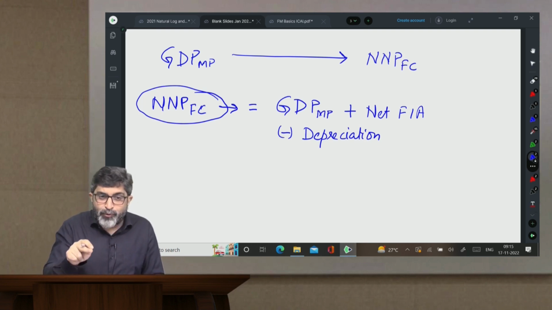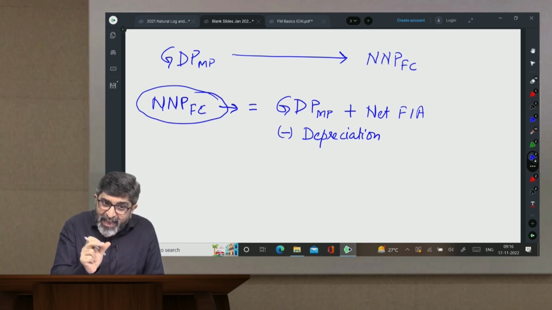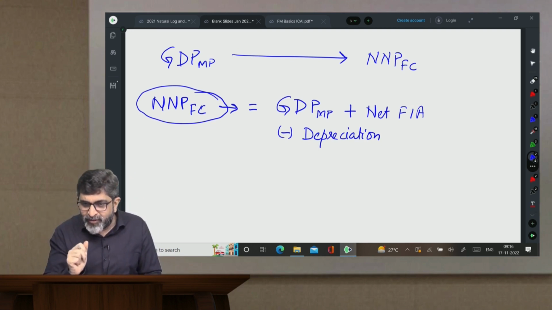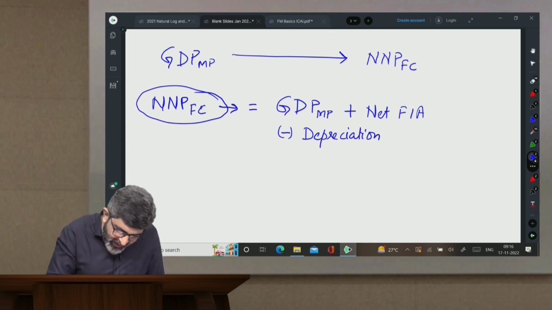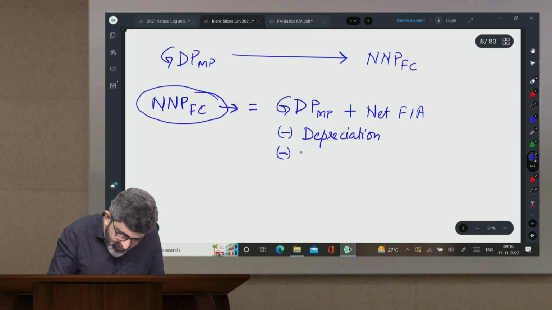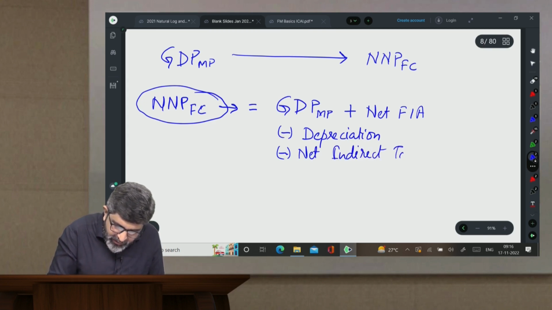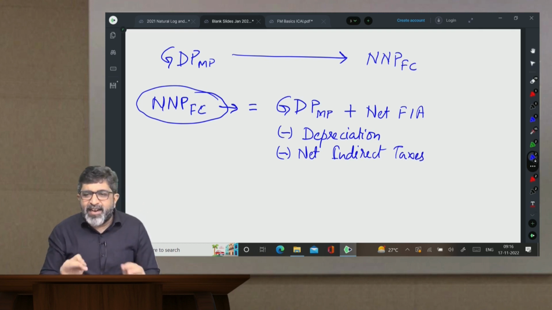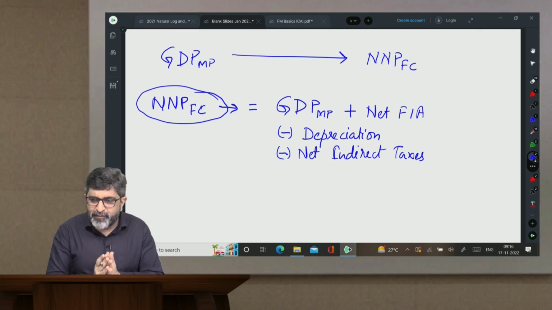One more change I have to do: from the base of market price, I have to land up at factor cost. For that, I will subtract net indirect taxes.